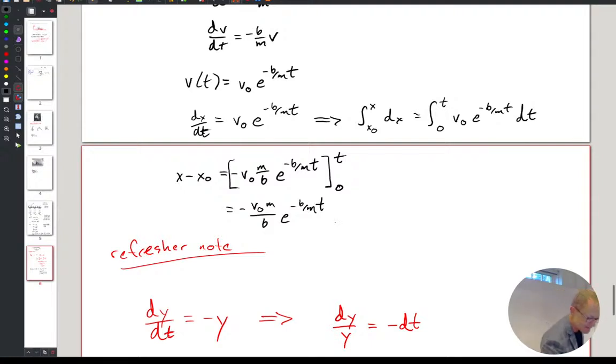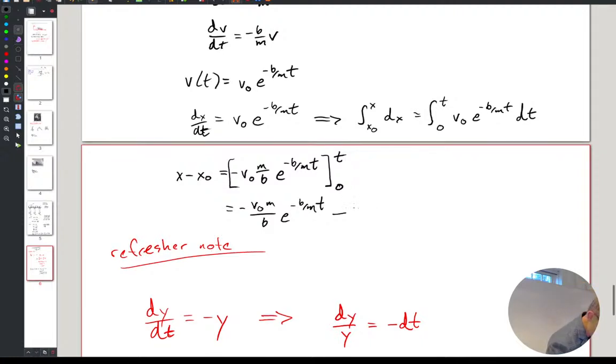So minus when t equals 0. Is it 0? No? Yeah, e to the 0 is 1. And that's usually the tricky step. So negative v0 m over b times 1.